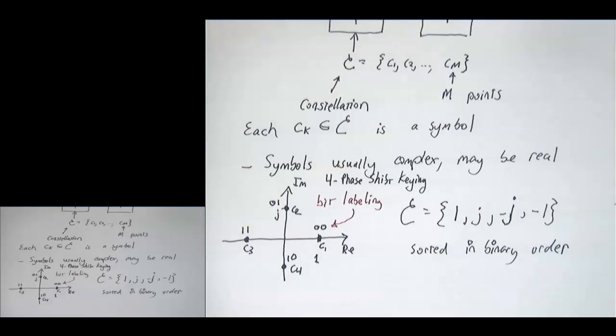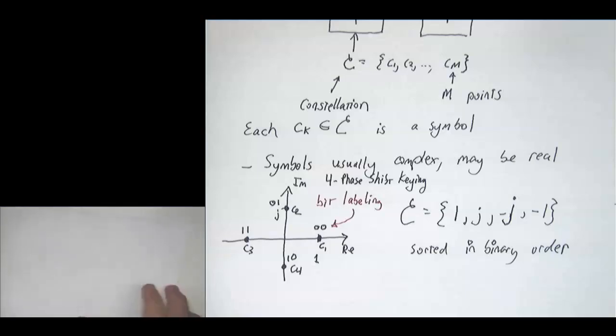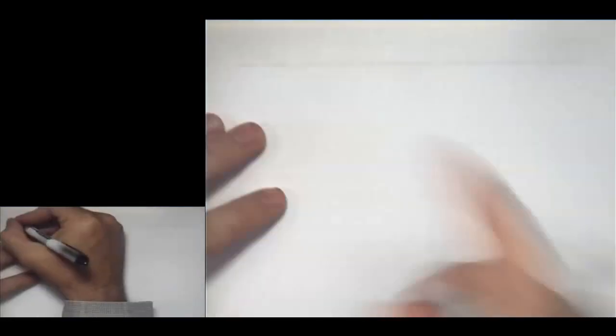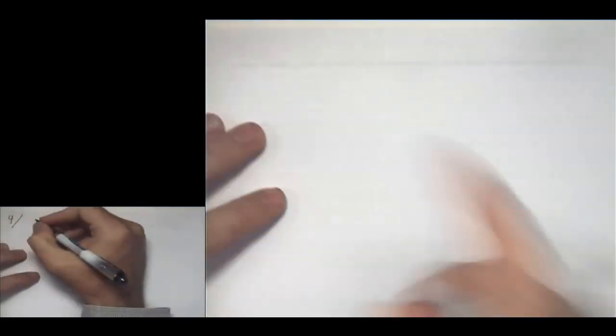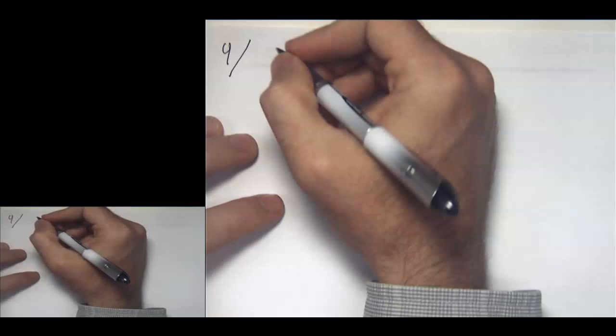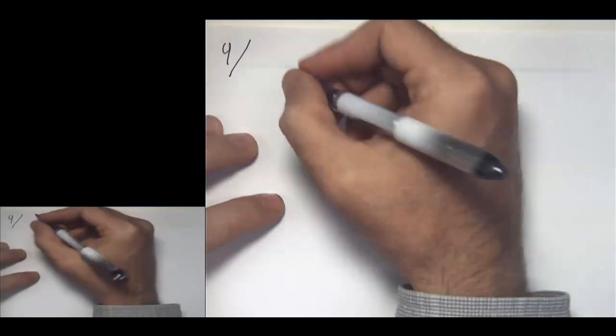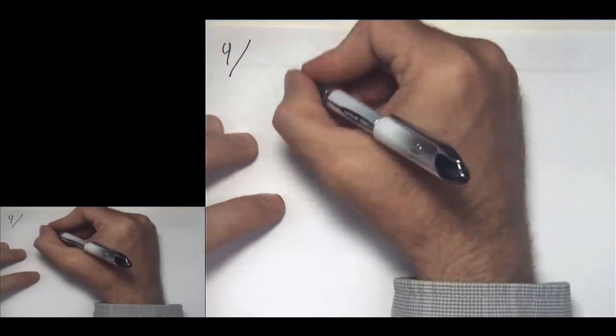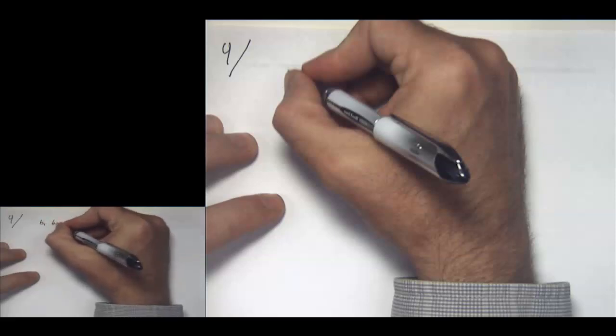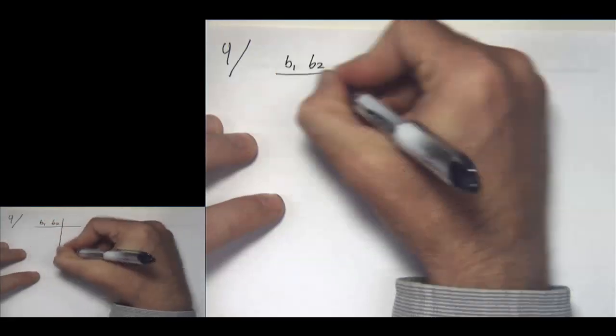And then just to illustrate that, let me put here an example bit mapping table.